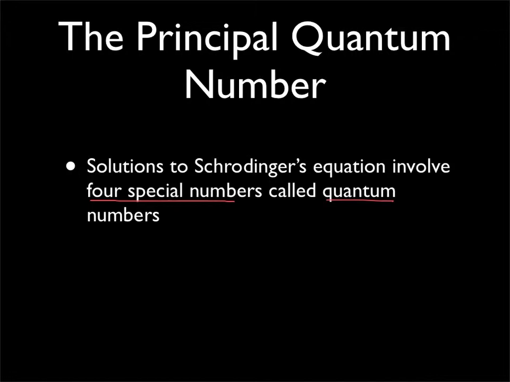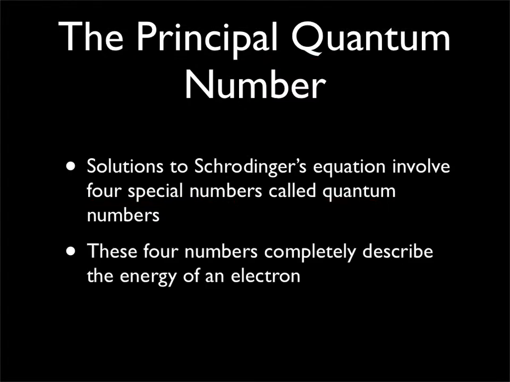What you just need to know is what they are talking about when they talk about the principal quantum number. We're not worried about how we solve that and where we get it, except in general. But those 4 numbers will completely describe the energy that an electron has, and that energy is related to its wave and so on.